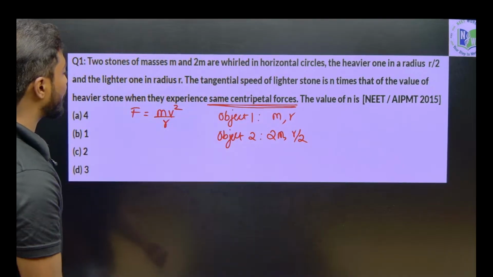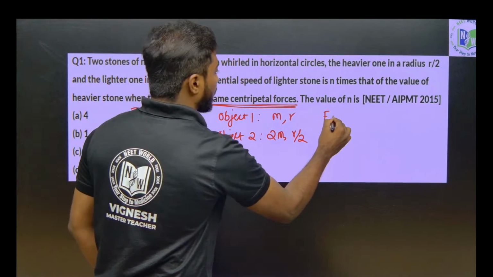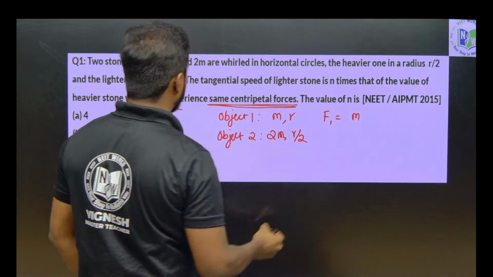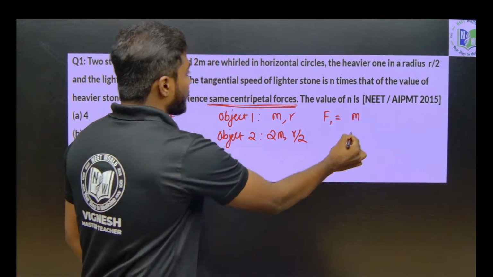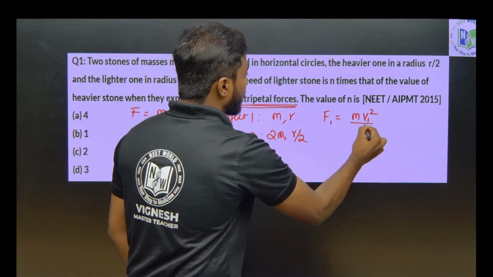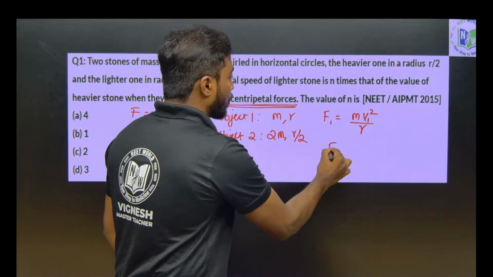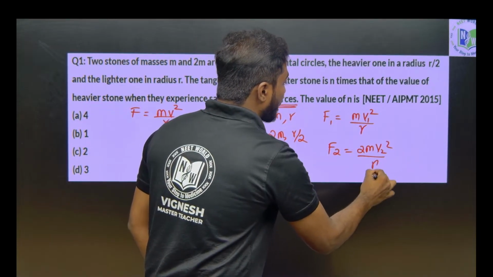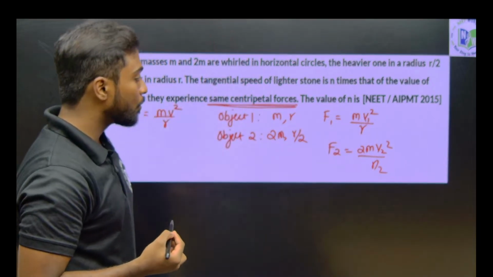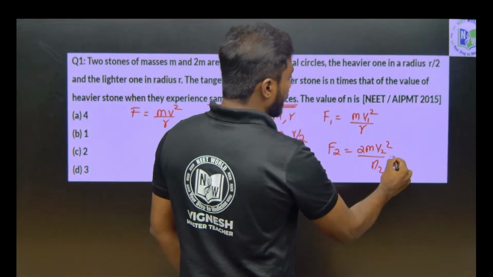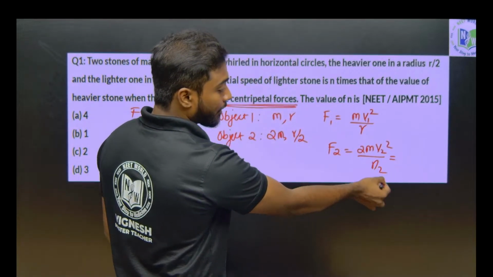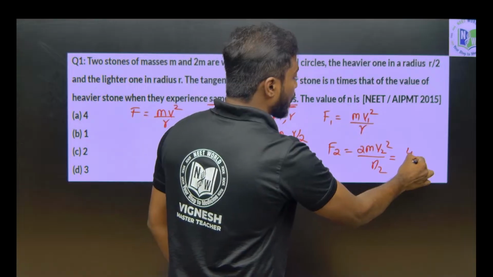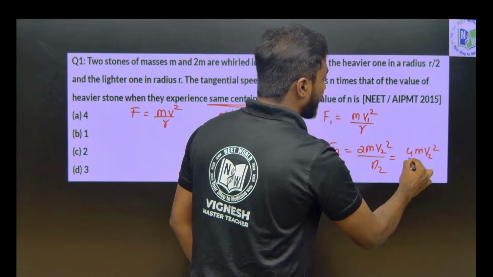Now if I substitute the values, f1 is equal to m v1 square by r, f2 is equal to 2m v2 square by r by 2. I can take the 2 upside, so 4m v2 square by r.